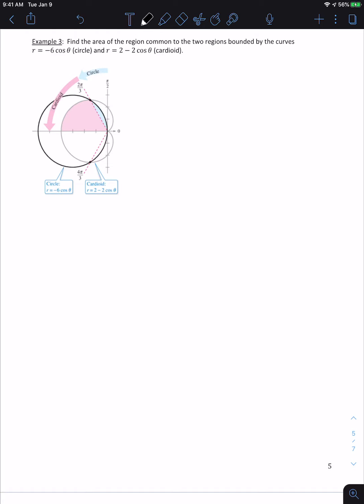Because we should notice something at first to make our life a little easier. Both curves are symmetric with respect to the x-axis, right?